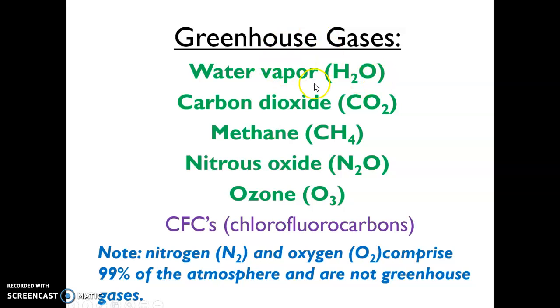And even if we exclude the CFCs here and just look at this 1% making up all of these gases and more, you can see that that small 1% historically kept the Earth warm. So changes in the quantity of any of those can have an important effect.